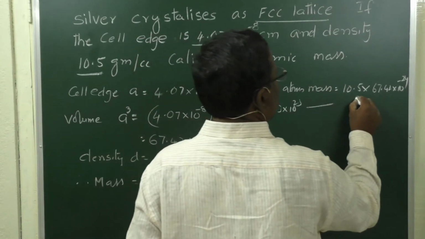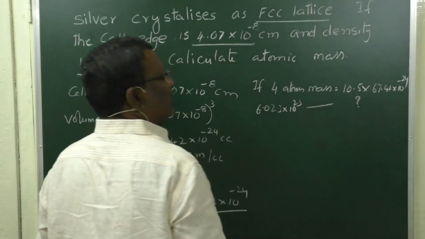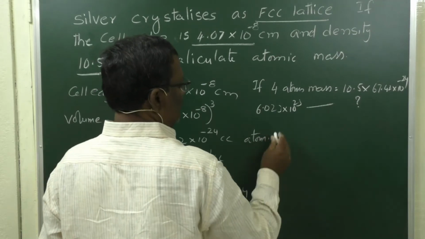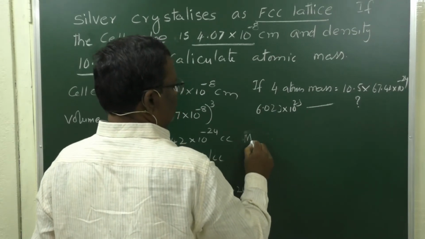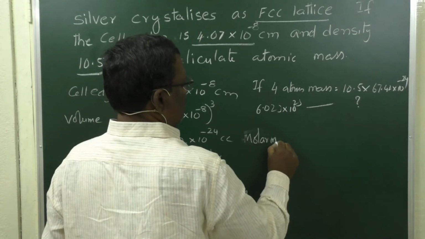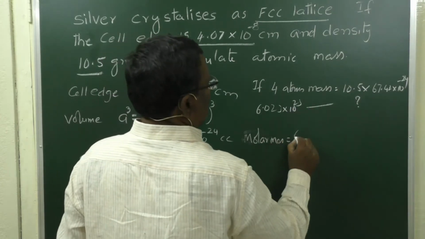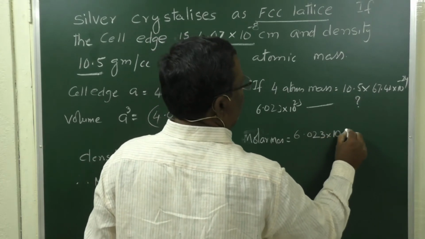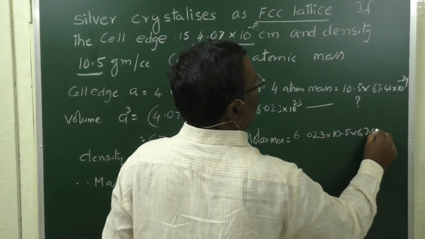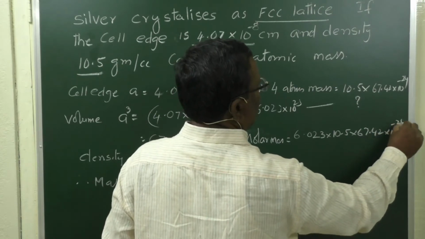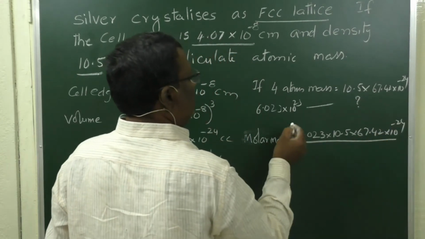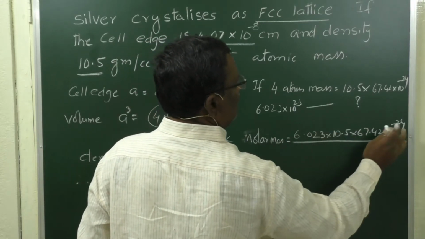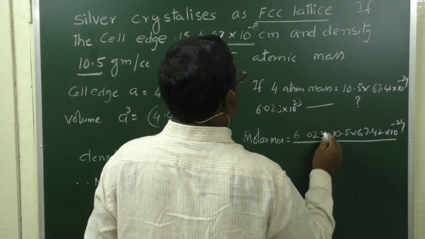This will give us the atomic mass, which is the molar mass. It equals 6.023 × 10^23 × 10.5 × 67.42 × 10^-24 divided by 4.